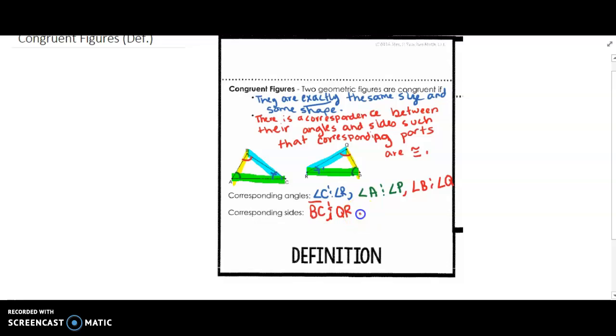How about AB and the yellow here is QP. And then also the green, which is AC and RP. And as we'll learn as we go forward, these pieces that are corresponding are also congruent.